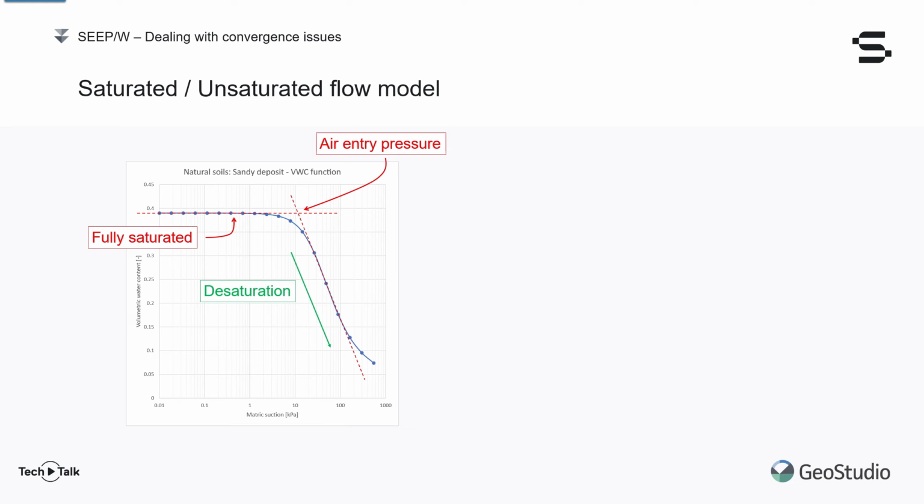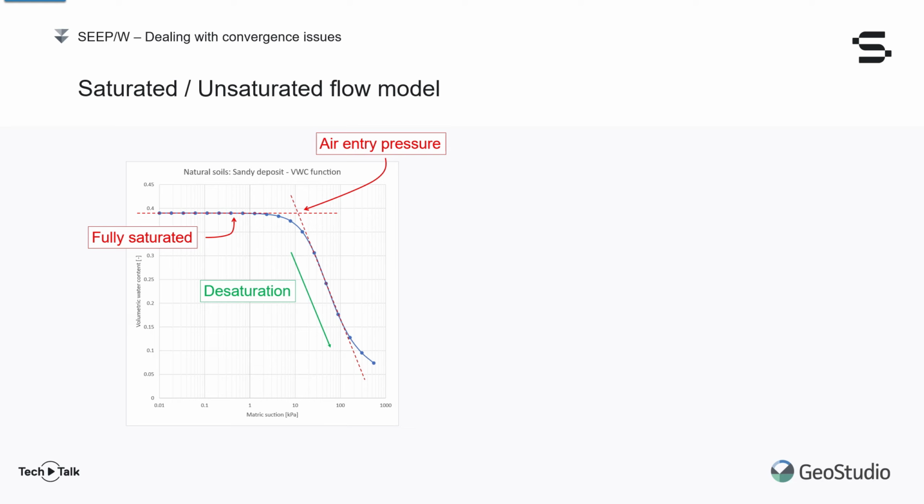At high suction values, the volumetric water content will tend toward the residual volumetric water content, which is not zero in the vast majority of cases, meaning there will always remain some quantity of water trapped in the soil's pores, even when a very large suction exists.